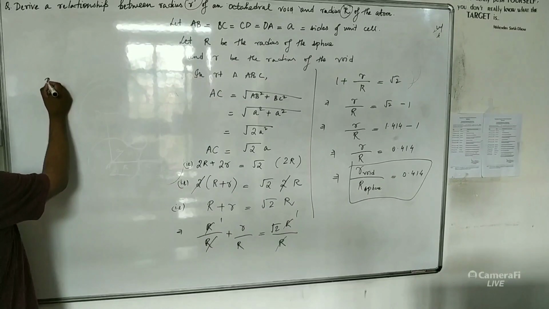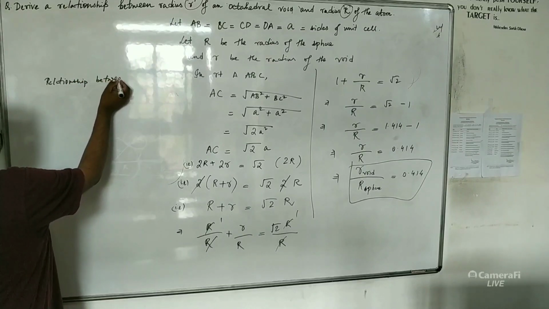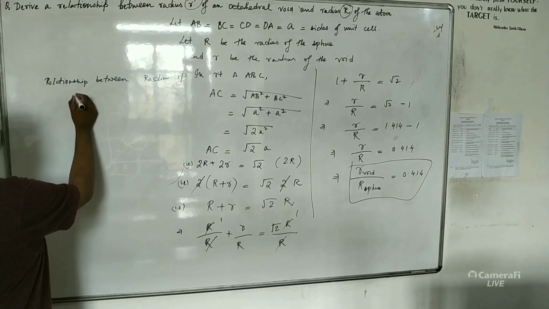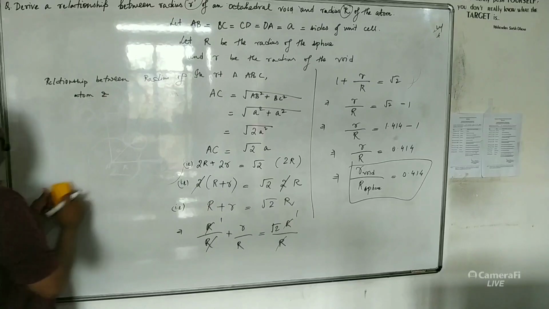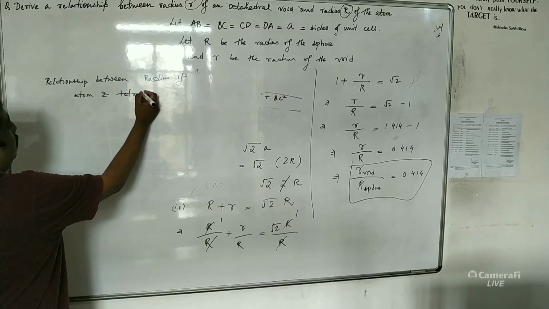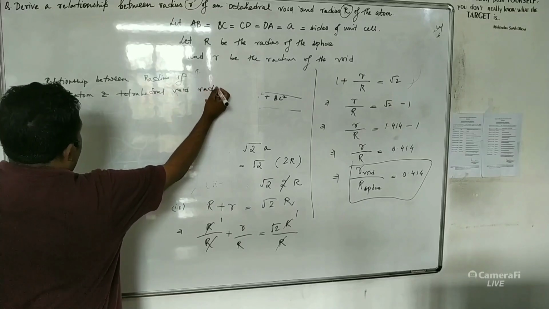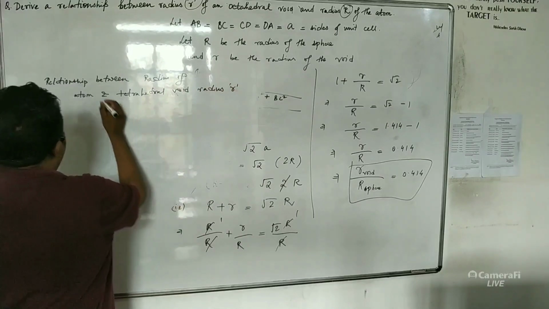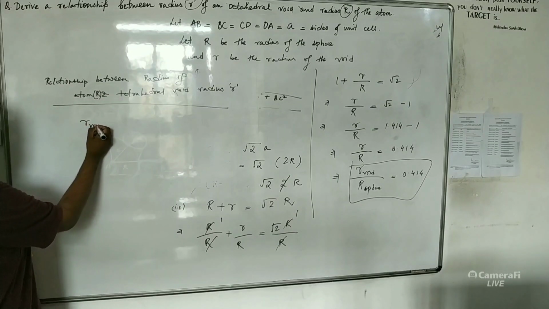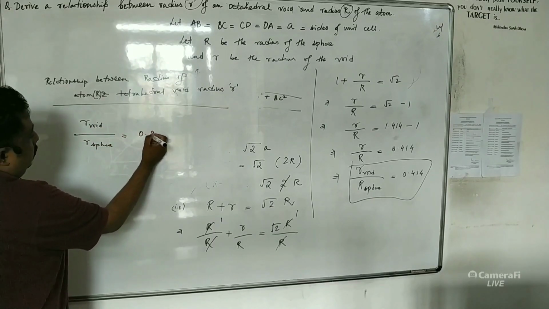Just write down the topic: relationship between radius of the atom and tetrahedral void radius. That is small r here, and this is capital R. You have to remember the formula, that is r void divided by r sphere or r atom is equal to 0.225.